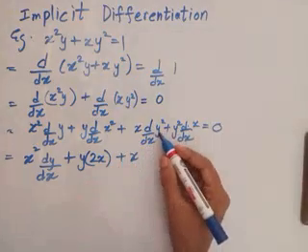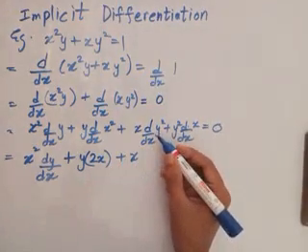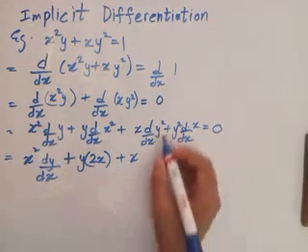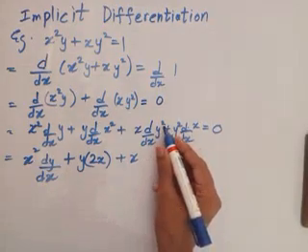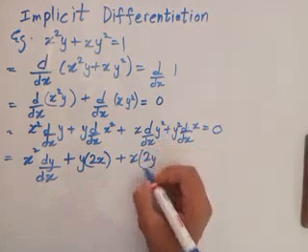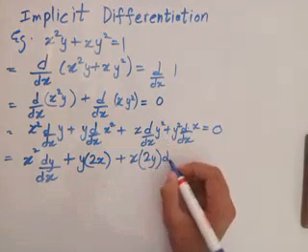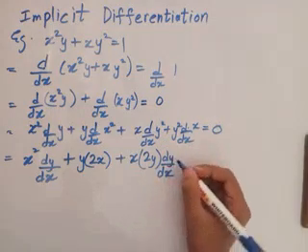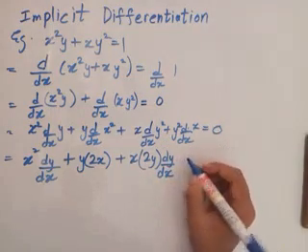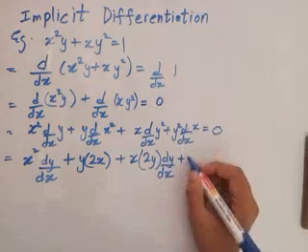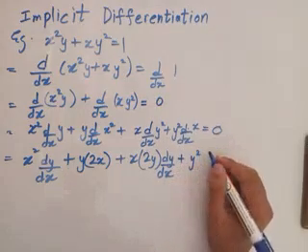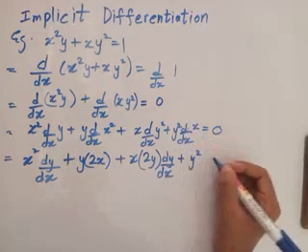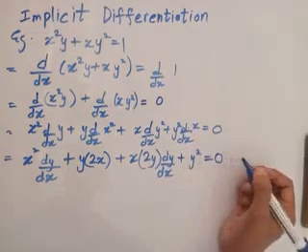Okay, now for y square here I'm going to use the chain rule of differentiation. So I'm going to treat y as a function of x. This becomes 2y, and since it's not exactly x but a function of x, I have to multiply by the derivative of y. And finally the fourth term, which is just y square, and the derivative of f of x with respect to x is just 1. So this whole thing is equal to 0.